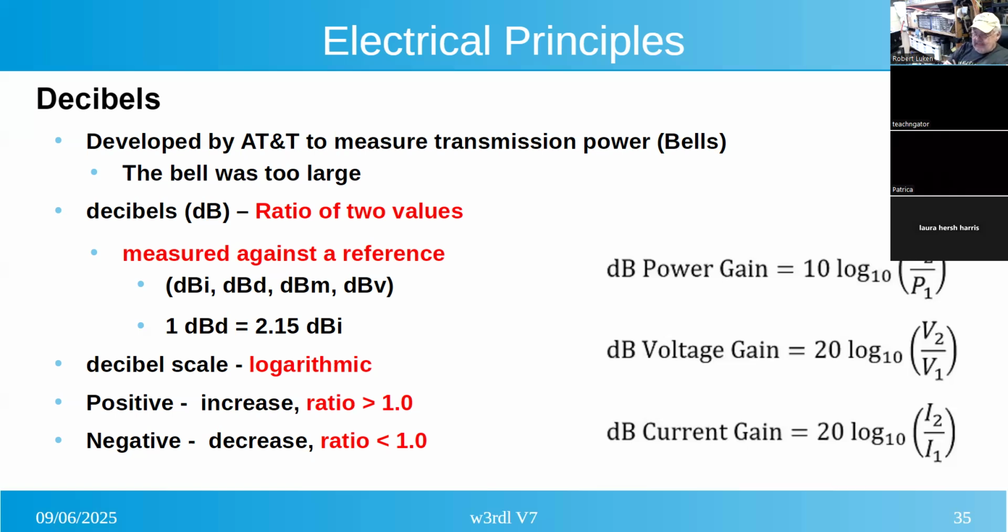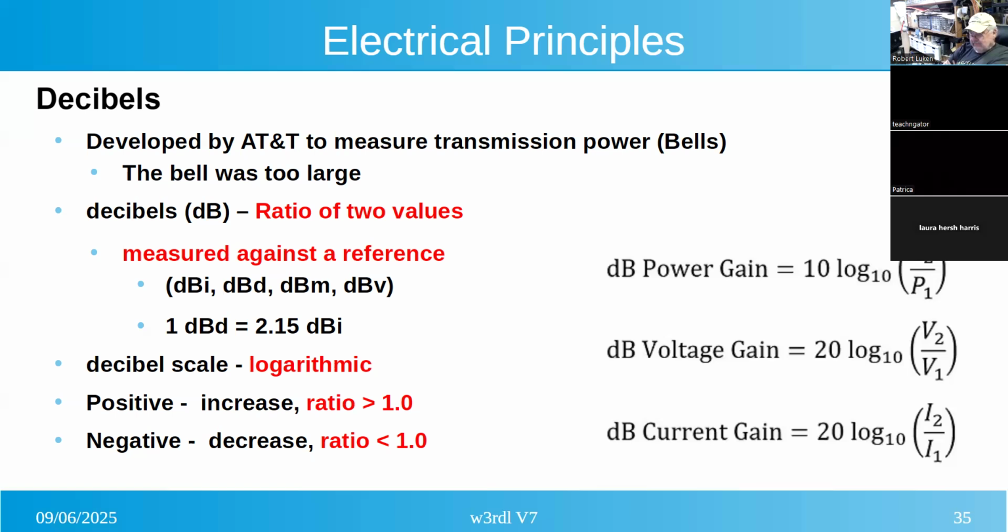If it was dBd, then you're measuring it against a dipole antenna. If it was dBm, you're measuring it against 1 milliwatt, which is kind of a standard power reference for radio signals. And if it was dBV, you're measuring it relative to a volt.